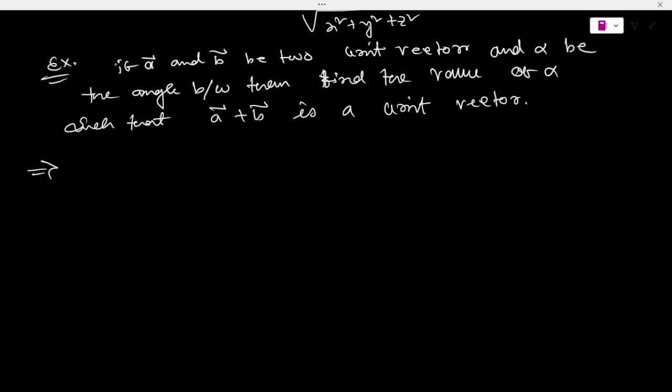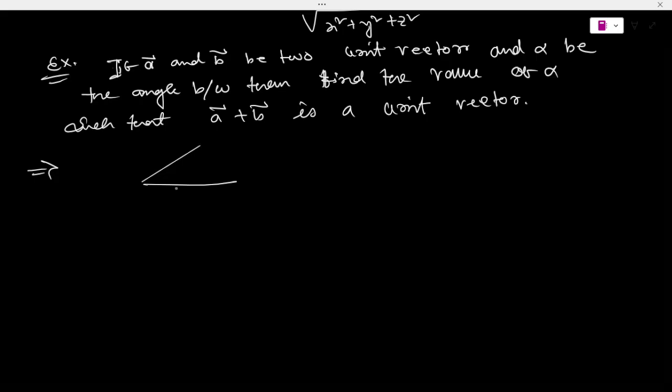So first I have to state what is given: two vectors, a vector and b vector, with an angle between them. So first I have to create a figure.